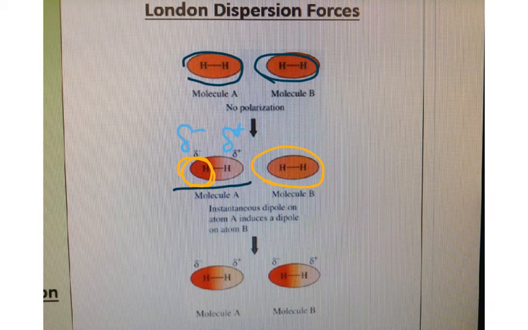On the other hand, the molecule on the right has no dipole moment at the time because its electrons are evenly distributed. But because the particle on the left is slightly positive, the electrons on the particle on the right are going to be more attracted to it. So the electrons rush over to the left, attracted to the positive charge of the particle on the left, for a temporary moment.